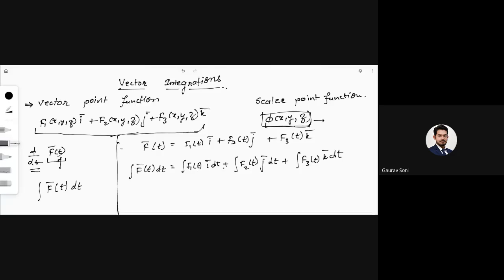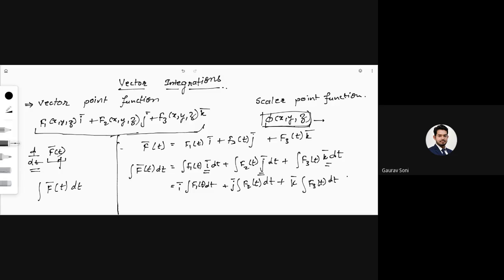And one more thing: i bar, j bar, k bar, what are these? These are unit vectors, so they are constants. A constant can be taken outside: i bar times integration f1 of t dt, plus j bar will come outside integration f2 of t dt, plus k bar will come outside integration f3 of t dt.